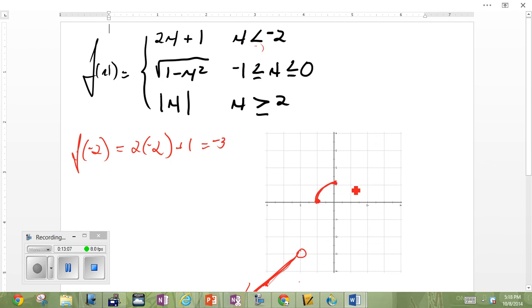Then lastly, my absolute value graph, which typically would graph from 0, 0, 1, 1, 2, 2, 3, 3, but I only want to start at the x value of 2, which is right here, and I do want to include that point, so my graph is going to look like this. So this is my graphical construction here.